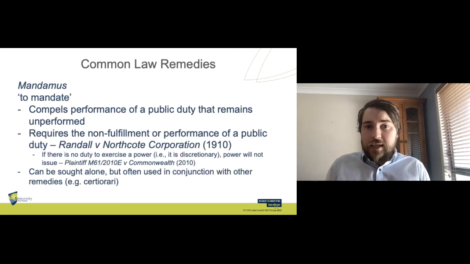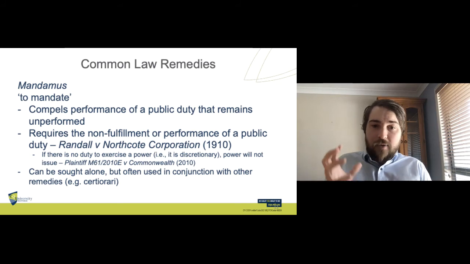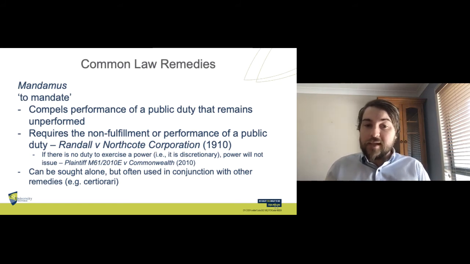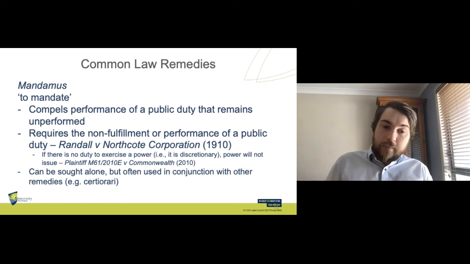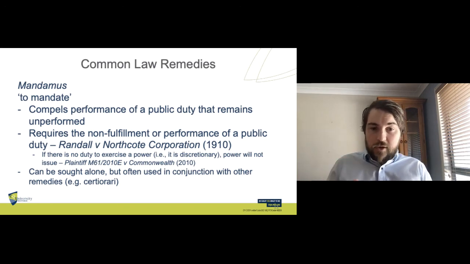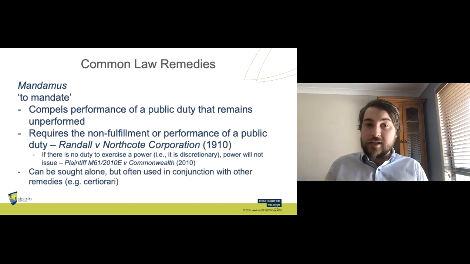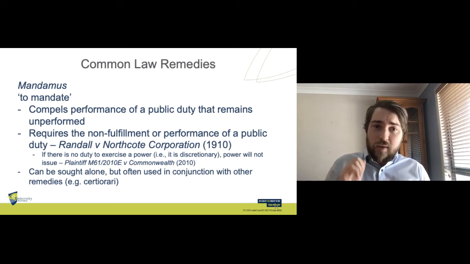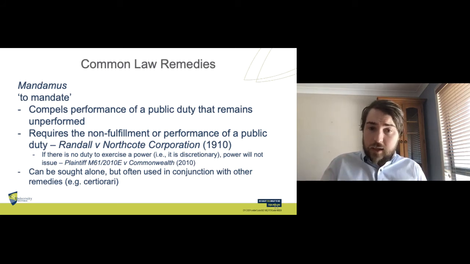Mandamus sort of translates to mandate, and it mandates or compels performance of a public duty that remains unperformed. And so this might be an issue where a decision maker hasn't made the decision yet. You might ask for an order of mandamus in order to compel the decision maker to make a decision.